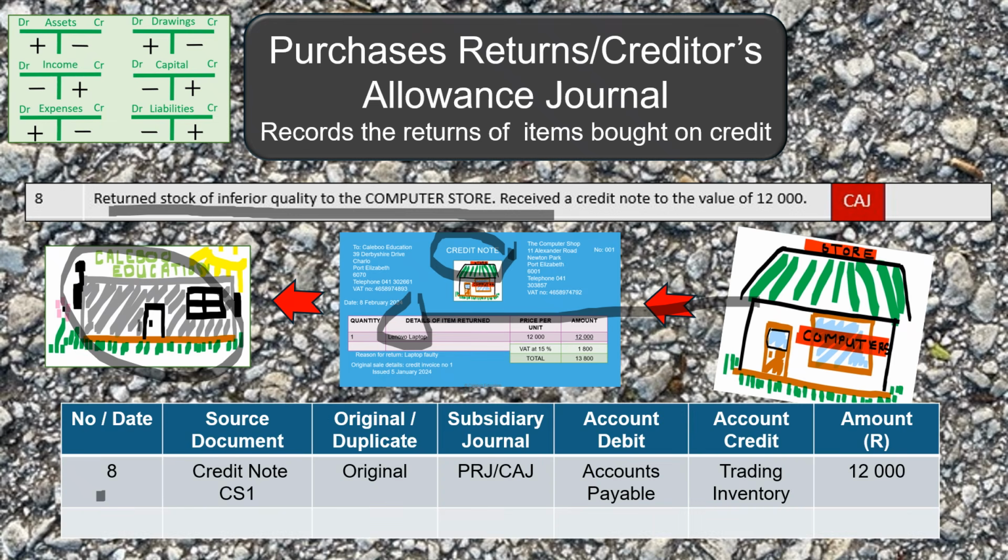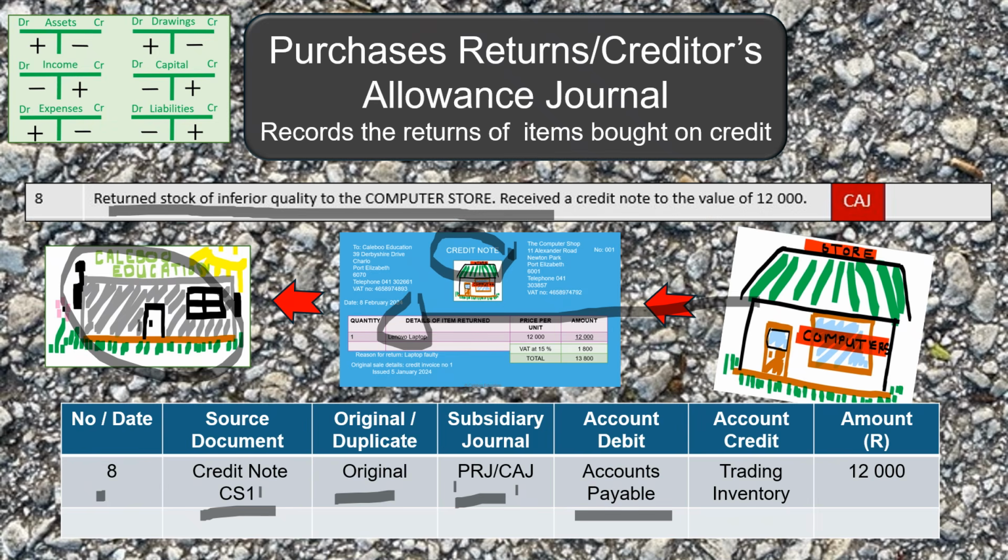The date is the 8th. We use their folio reference here, or their document reference, credit note, computer store number 1. We are recording this information from the original document. Which journal is this recorded in? The creditors allowance journal or the purchases returns journal.